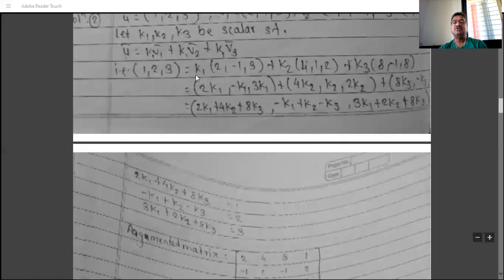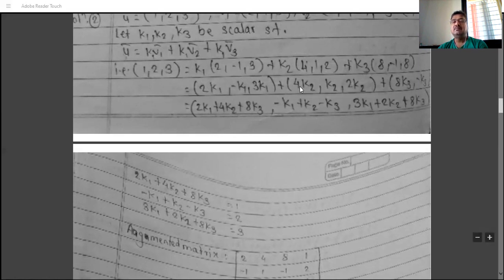Then apply the definition of scalar multiplication. Multiply by k1 to this vector (2, minus 1, 3), we have (2k1, minus k1, 3k1), plus multiply by k2, (4k2, k2, 2k2), and multiply by k3, we have (8k3, minus k3, 8k3), and adding these three elements by using the definition of addition in R3, that is the usual addition of corresponding components.